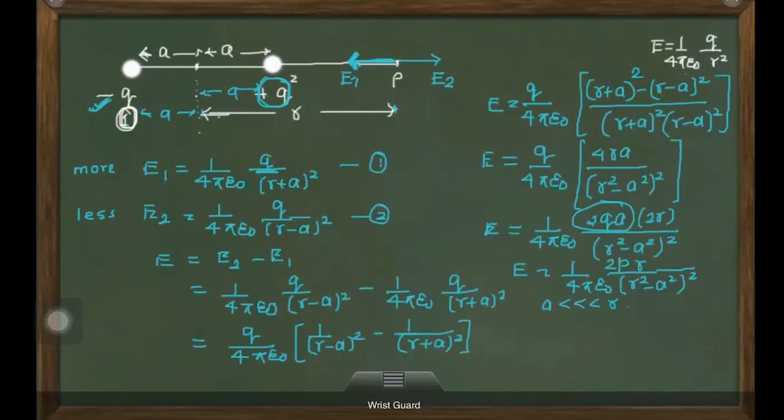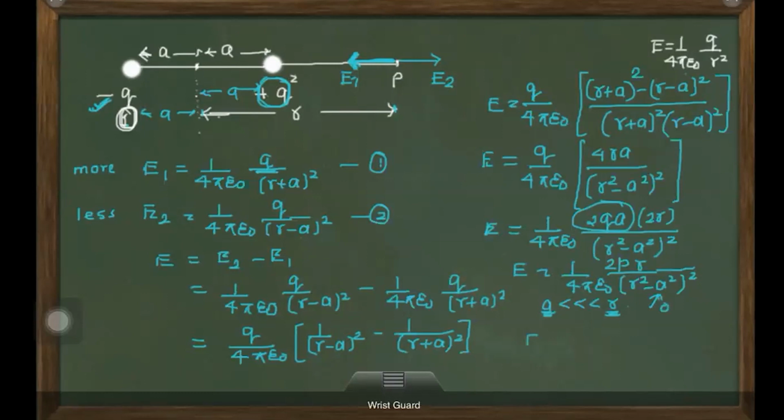So simply you can say here that the separation is very small, and that's why A will be very small, smaller than R. And if A is very small, A square can be neglected in front of R square. So you can neglect this A square from here, and that can be written as 0.